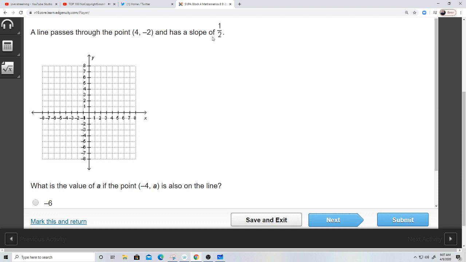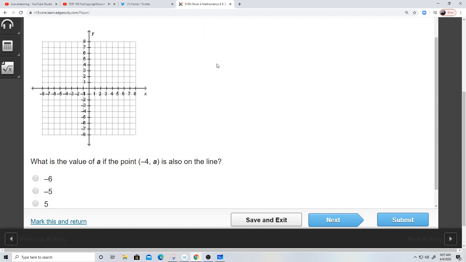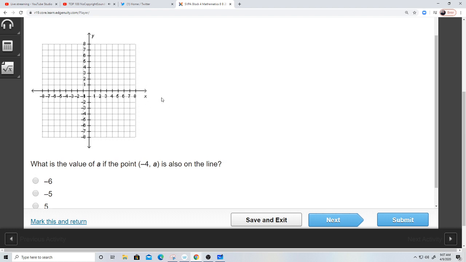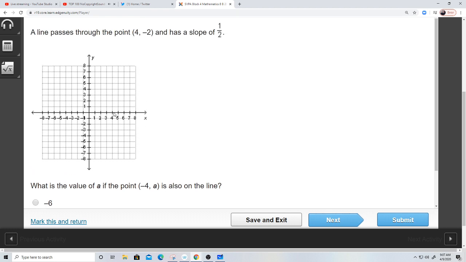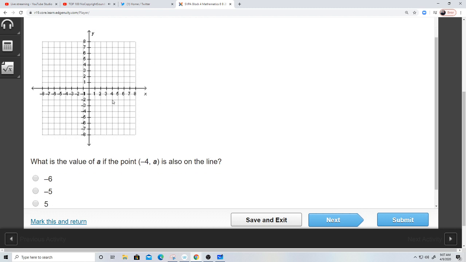All right, slope of a half. So, -4 though. So 4, -2, and then a half slope, just go backwards. So if we were going to normally go right 2, up 1, we just go left 2, down 1. That's all we have to do.